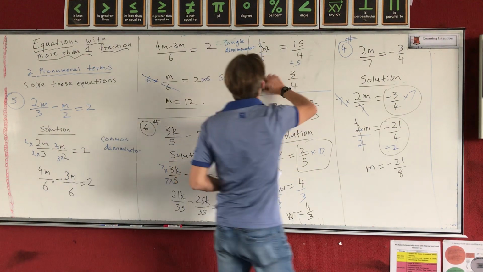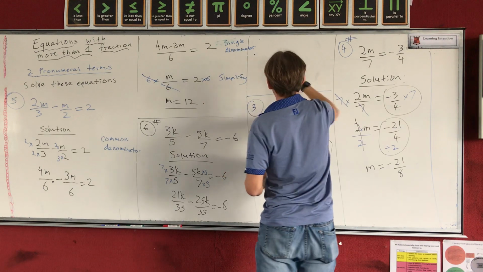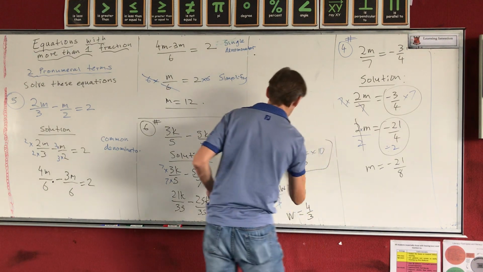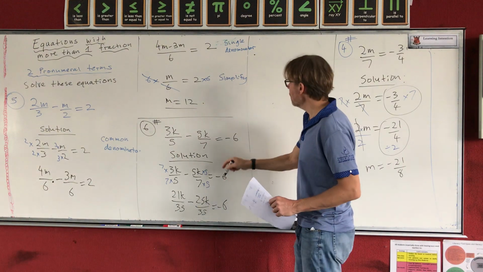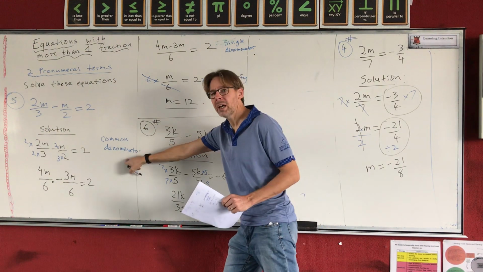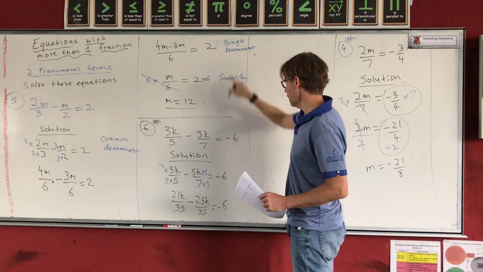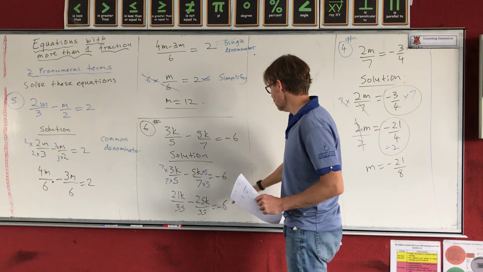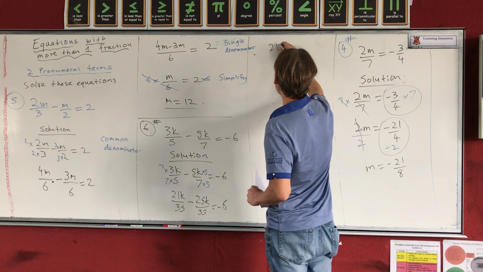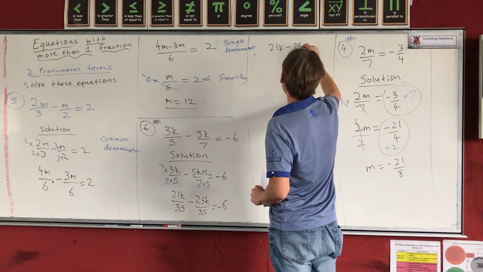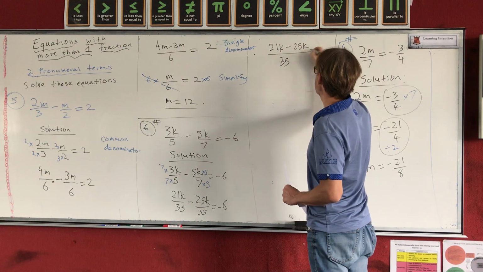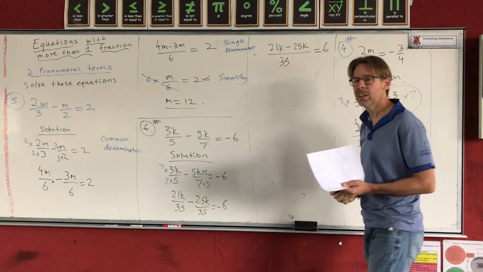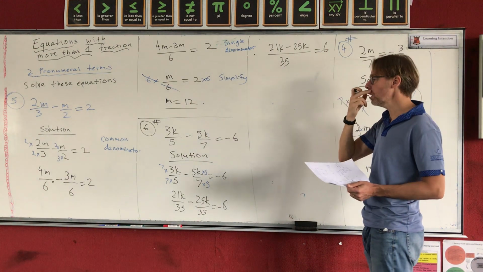Alright, next question. Oh, it's the next part of the question. Okay, now, remember the steps? Common denominator, single denominator. Right. So, single denominator next, so we're going to go 21k minus 25k over 35 equals negative 6. Okay, so that's the single denominator step.